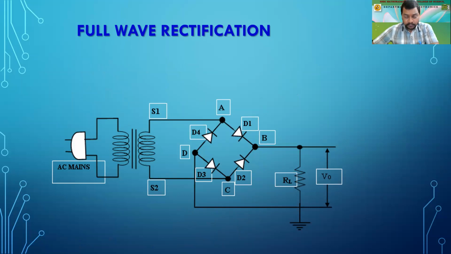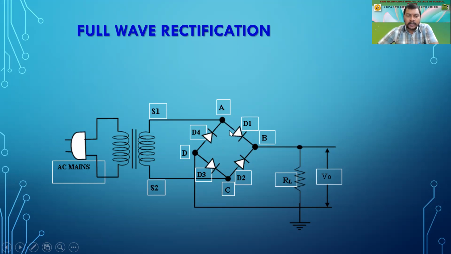As you can see, we are using 4 diodes over here. We have made a bridge sort of circuit where we have 4 nodes A, B, C, and D, and the diodes D1, D2, D3, and D4 are connected. Now remember how we have connected this.